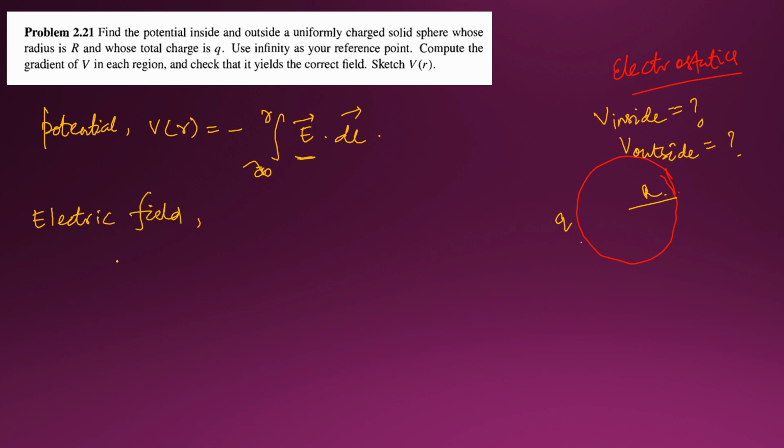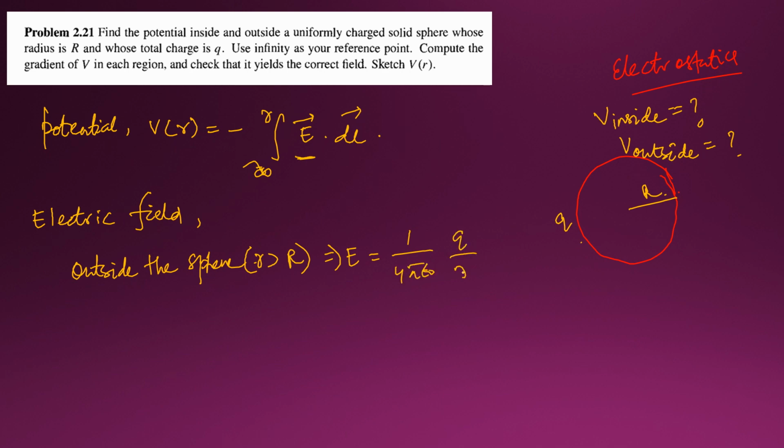Electric field outside the sphere, that is r greater than R, is how much? E is equal to 1 by 4 pi epsilon naught q by r square r cap. That's a simple one. Inside the sphere, the radius of the sphere comes into the picture.